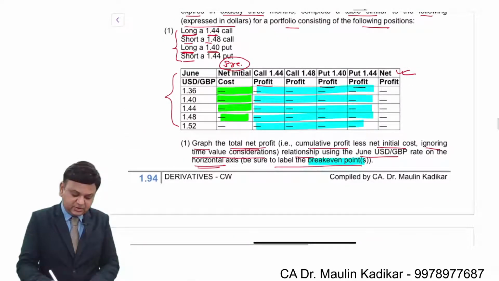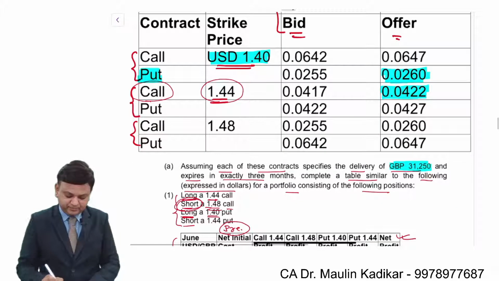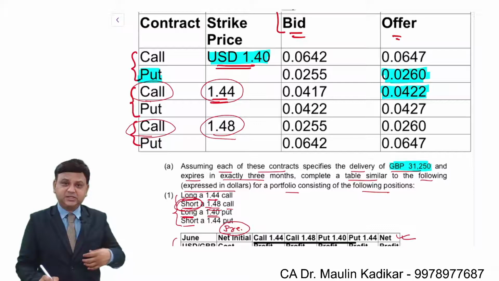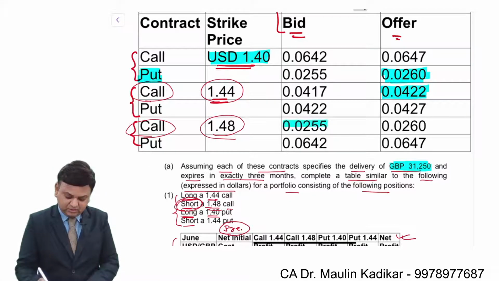Then you have entered into the transaction for sale. This is sale. 1.48 call. So 1.48 is the exercise price. It is call option. You have entered into the transaction for sale, so you are going to receive, but the lower amount. Because when you sell, you will get less.